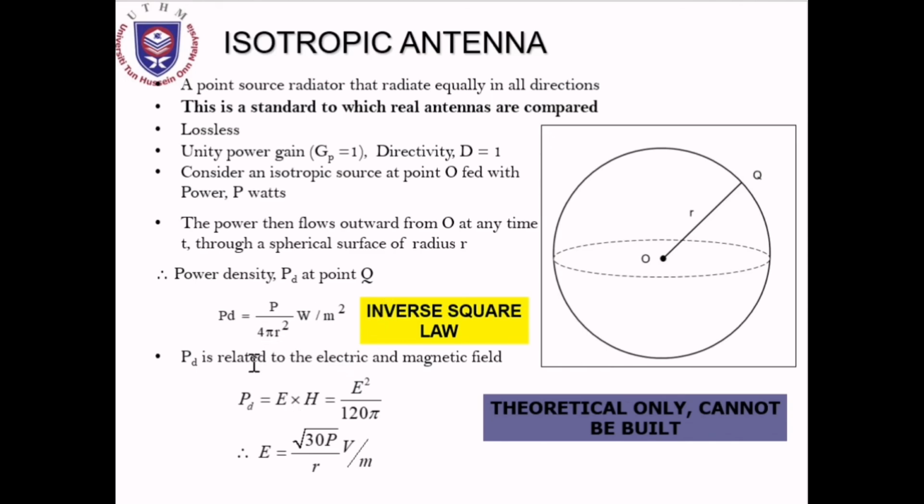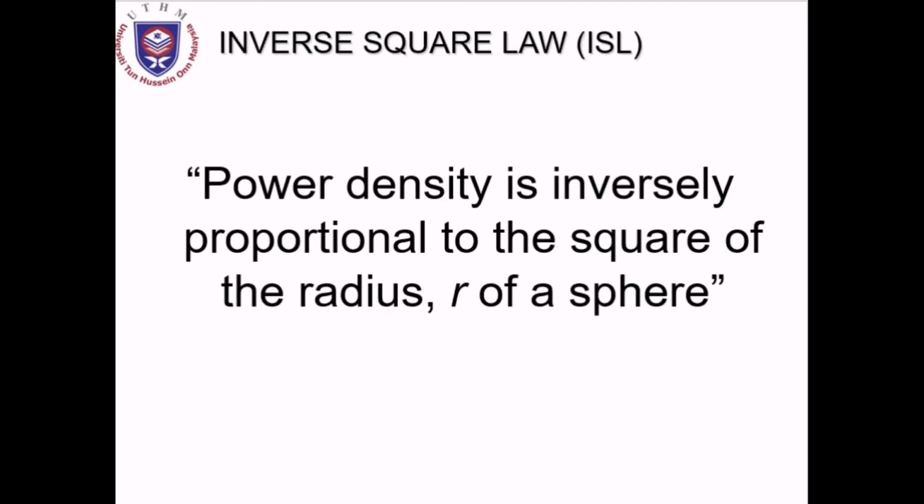From this equation, we can also find the electric field intensity, which uses this equation: square root of 30 times P over R. The inverse square law basically says power density is inversely proportional to the square of the radius R of a sphere.